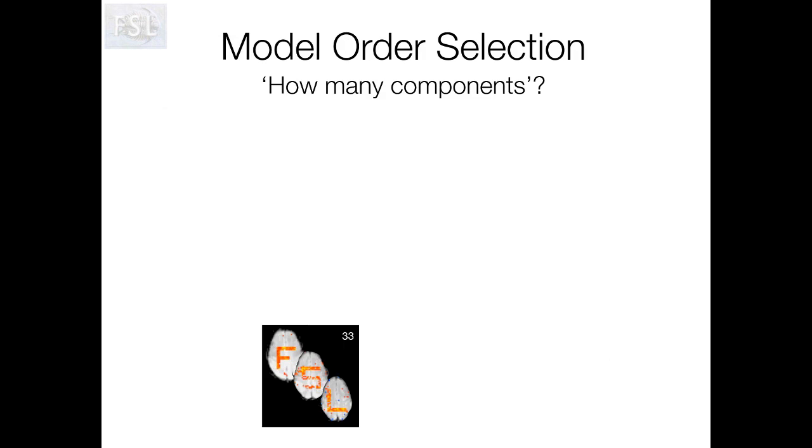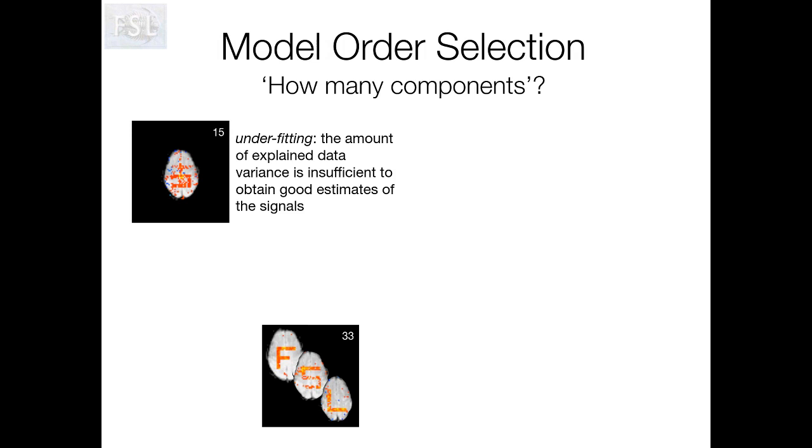To explain this a little bit more, given a data set like this, we can see some really interesting patterns of activity. But how do we determine the optimal number of components that should be used to describe the data? If we split the data into too few components, we're unable to capture all of the signal that is present, or each of the signals that are present in the data.